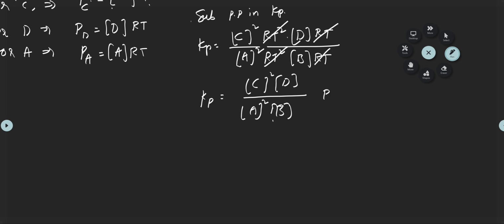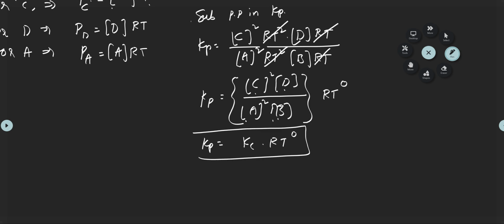We can write RT power 0, right? RT power 0 means 1. Now Kp is equal to, what is this one? Kc is equal to concentration of C square into concentration of D by concentration of A square into concentration of B. So we can substitute in this place Kc into RT power 0. So this is the Kp Kc relation for this equation.